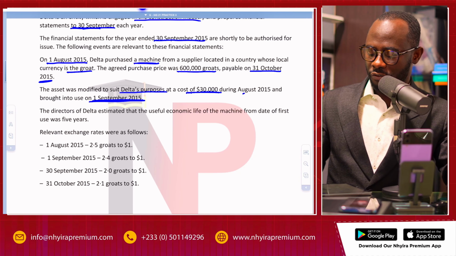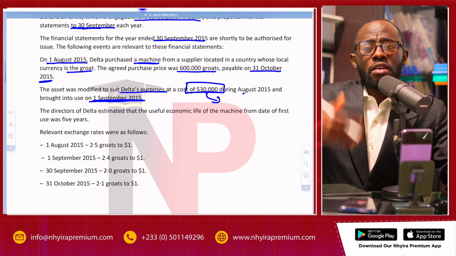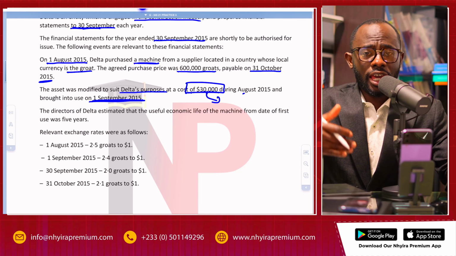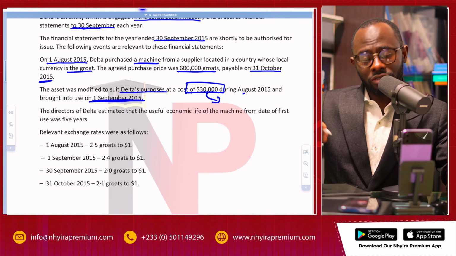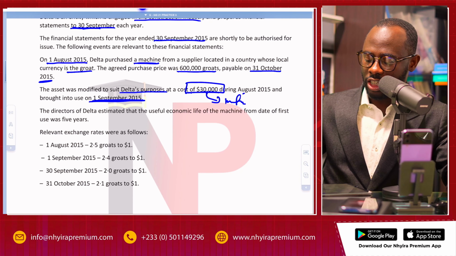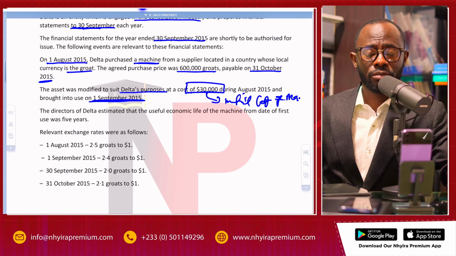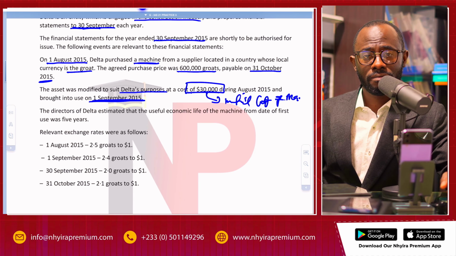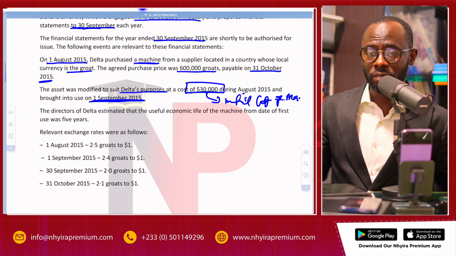So this modification cost of $30,000 is a directly attributable cost to be incurred to bring the assets to its present use. So this $30,000 must be included in the initial cost of the machine in accordance with IAS 16, property, plant, and equipment. All right? In accordance with IAS 16, property, plant, and equipment.